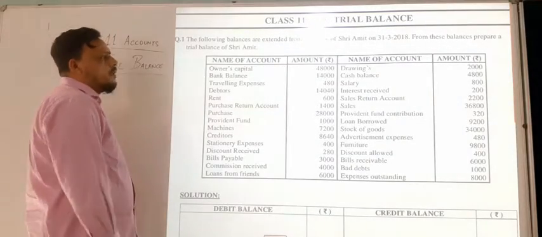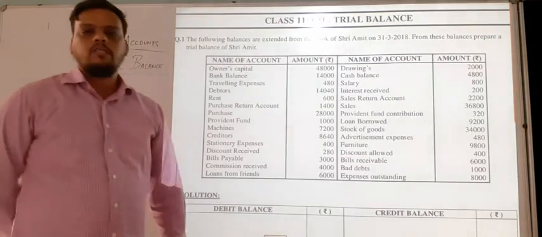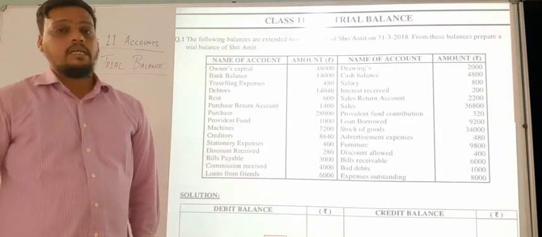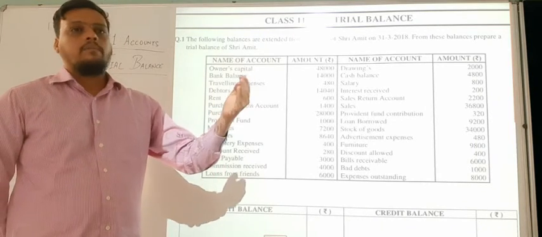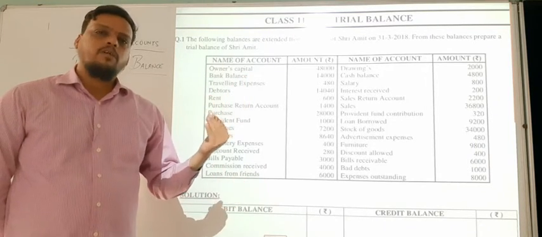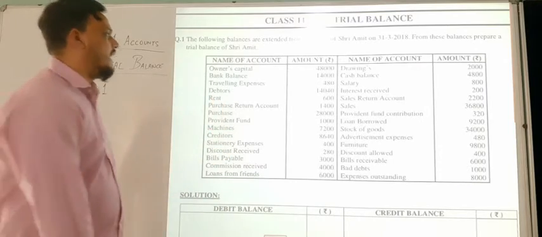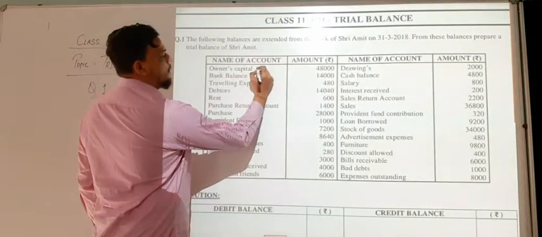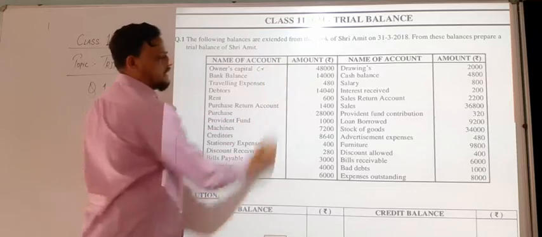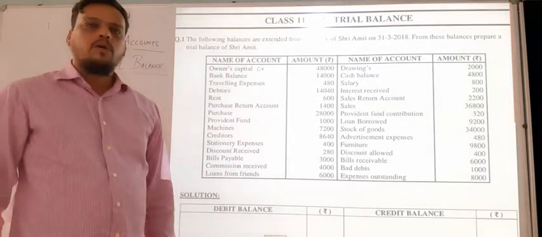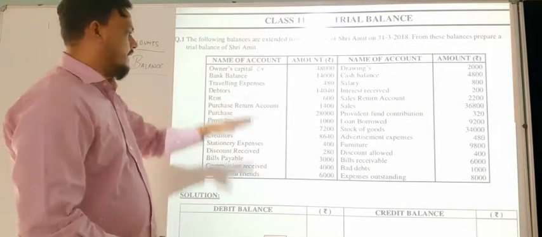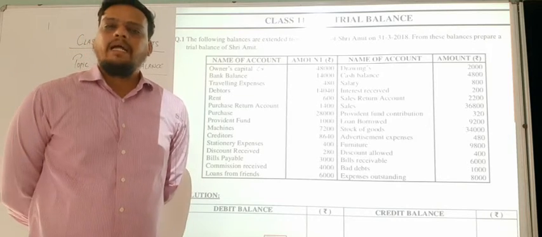Now, it is owner's capital. Owner's capital always comes on the credit side. If you see the table or specimen which I gave you in the last video, it says that owner's fund or owner's capital is on the credit side. I am writing CR, so I can identify easily that it is credit. Now, bank balance.